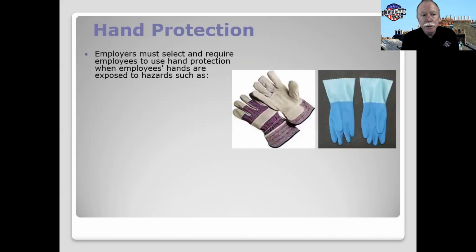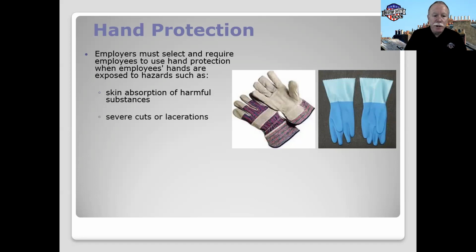Hand protection is necessary whenever employees are exposed to sharp metal, harmful chemicals, using rope where they could get a rope burn, lacerations, cuts, abrasions, punctures, any of those things where their hands are exposed to potential hazards.